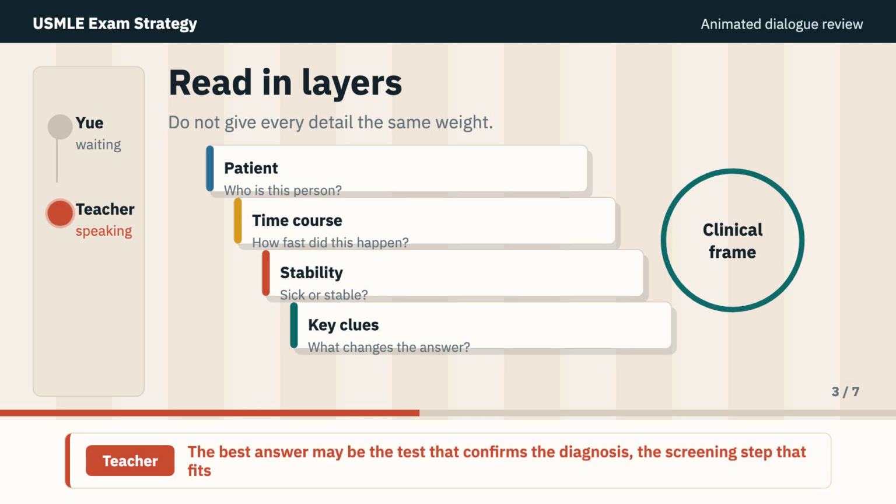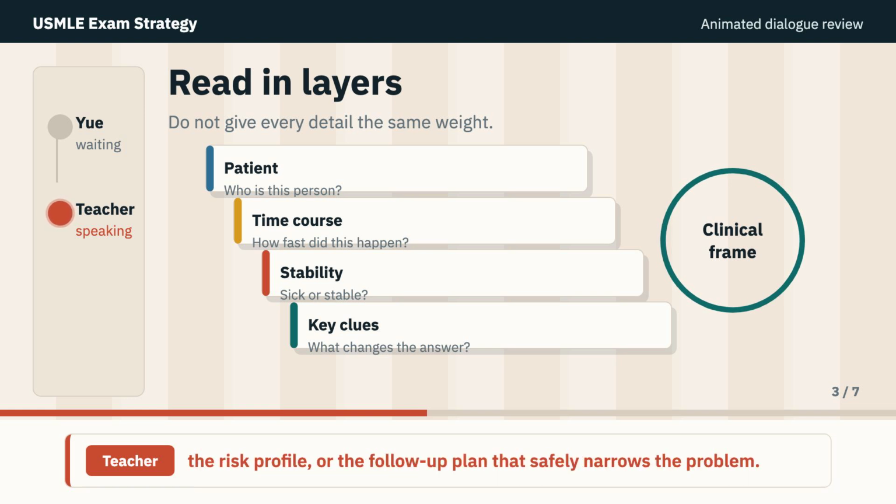The best answer may be the test that confirms the diagnosis, the screening step that fits the risk profile, or the follow-up plan that safely narrows the problem. This is why you cannot choose by disease name alone. The disease category may be similar, but the clinical task is different. In an unstable emergency, diagnosis may come after stabilization.